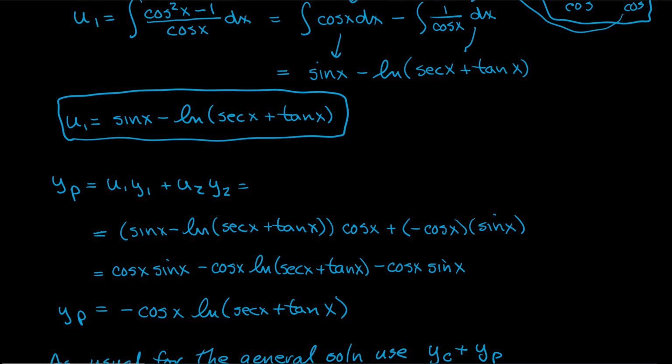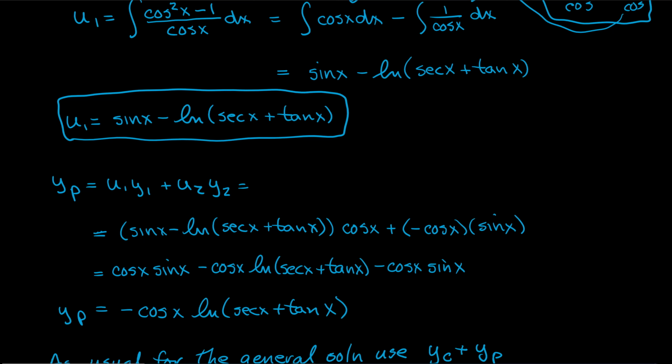Integrating 1 over cosine, if you're not quite sure how to do that, you can always just use the integration table that was provided, is going to give us minus, the minus coming from right here, the natural log of secant x plus tangent x. This gives us then that u1 is equal to sine of x minus the natural log of secant x plus tangent of x.